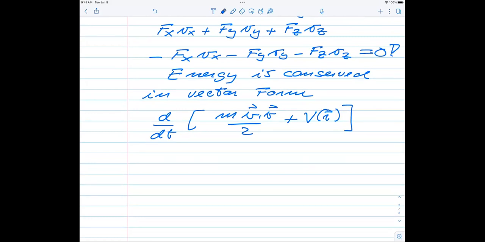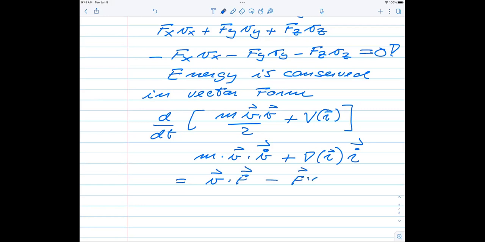We will have m times v dot, the derivative of v with respect to time. And then I get plus the derivative of the potential multiplied with the time derivative of position. And that's nothing but v times f minus f times v. And this is equal to 0.